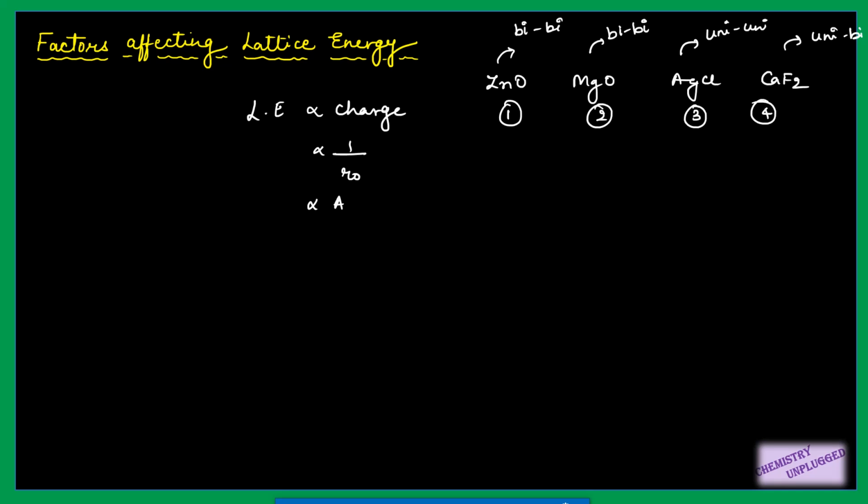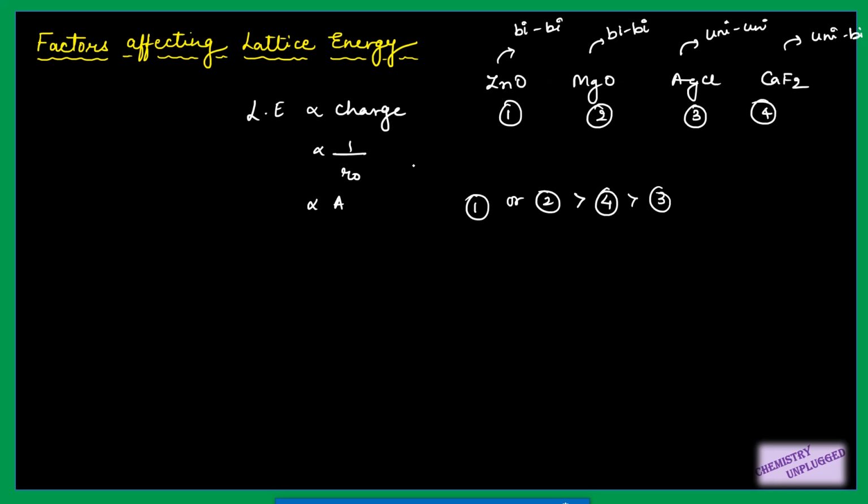So when we have higher charge, lattice energy will be higher, meaning it should be highest for 1 or 2 because both of them have bivalent charge. We will decide later the order for these two. Then we have univalent-bivalent, so the next number will be given to 4 and least for the 3, which has a univalent relationship.